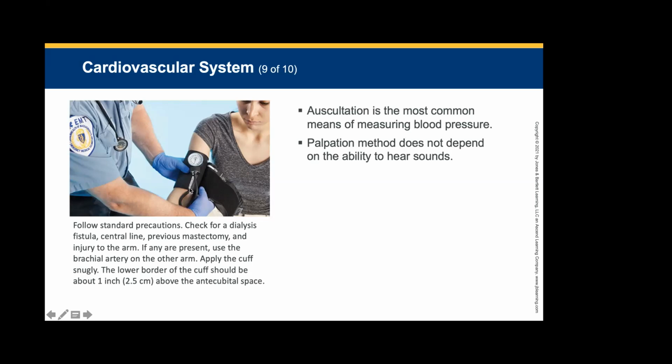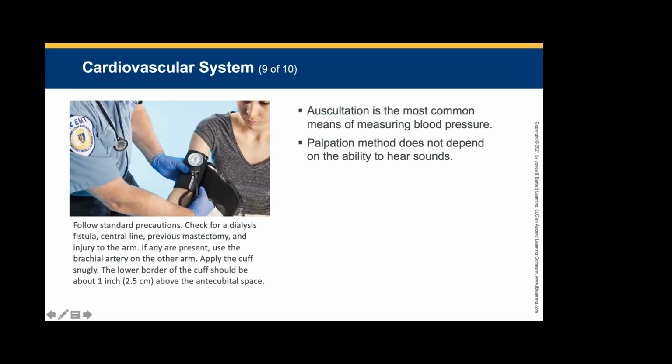Now they have multiple sizes. You can go down to pediatric, you can go to an adult size, and you can also go up to massive, like the big maroon ones. I mean, those are some big cuffs. You have to fit it to the right size for the patient. If it's the wrong size, you're not going to get the right reading.